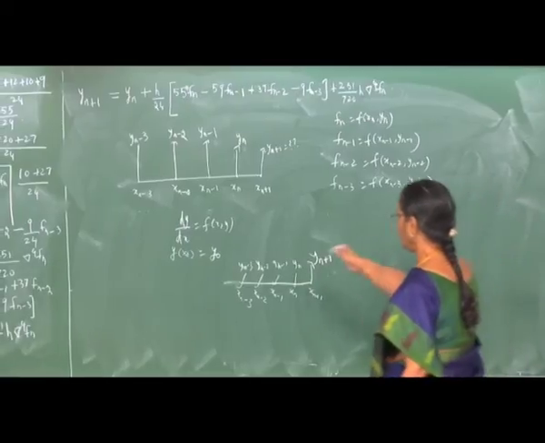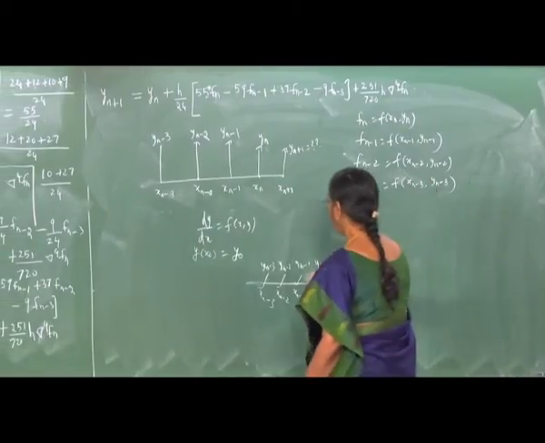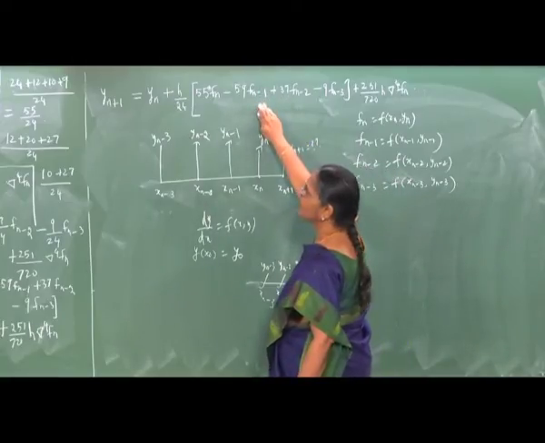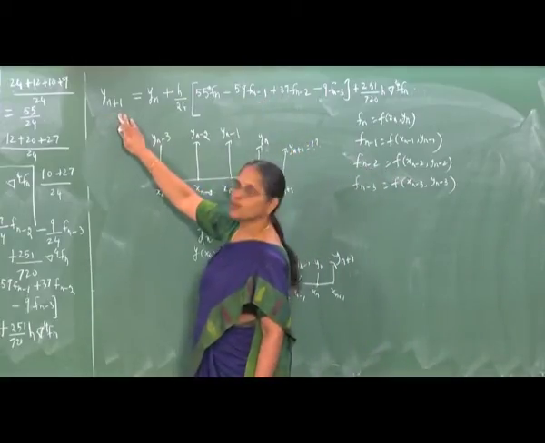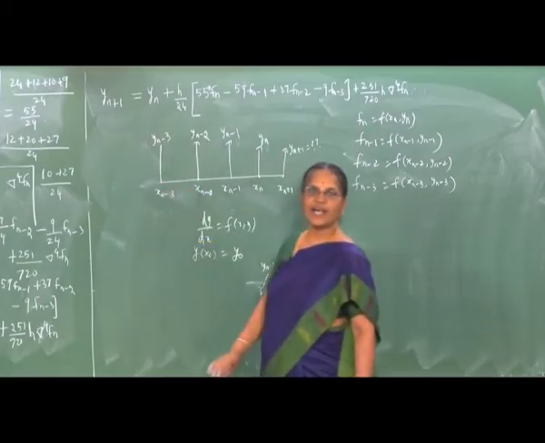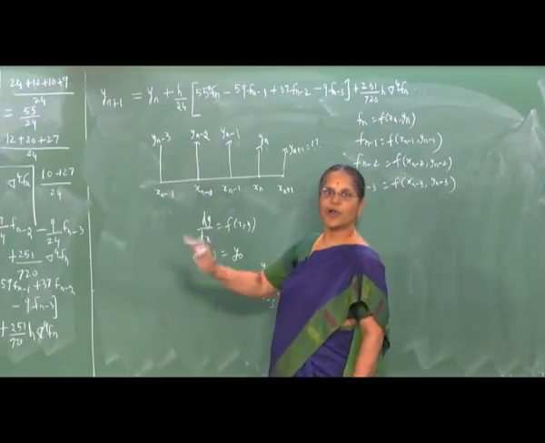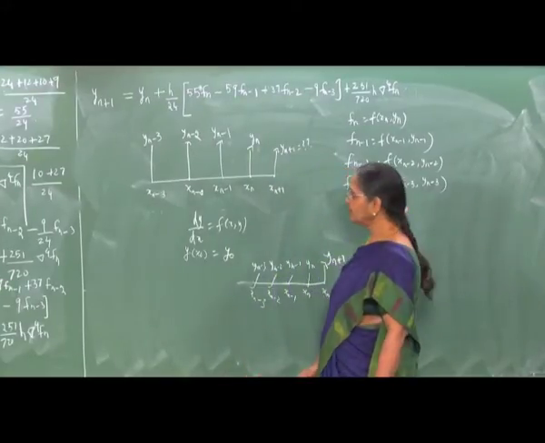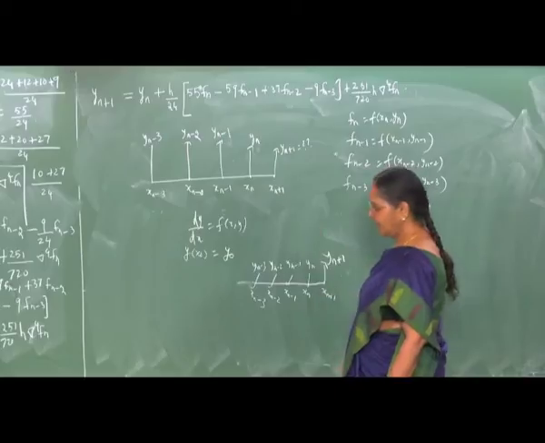And using those information at the previous points, you can use this method and compute what yn plus 1, which is the value of y at xn plus 1, and it is an approximation to the value of y at xn plus 1. So, it is a multi-step method.